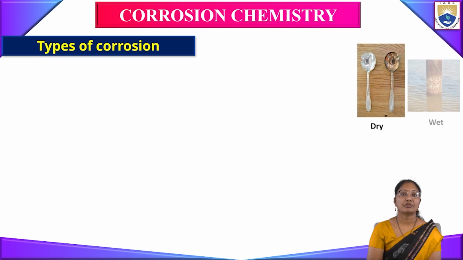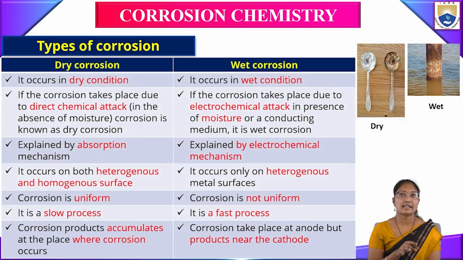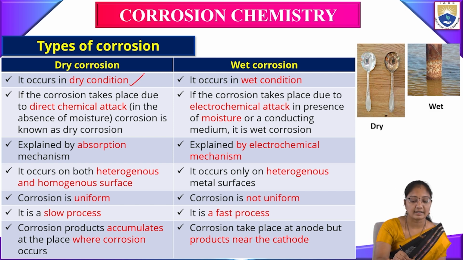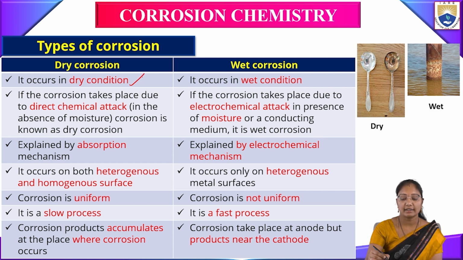So what are the types of corrosion? Generally, there are three types of corrosion, but we are comparing dry corrosion and wet corrosion right now. Dry corrosion occurs in dry conditions; wet corrosion occurs in wet conditions.